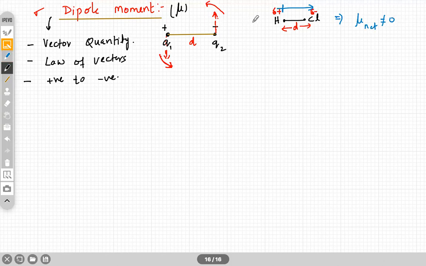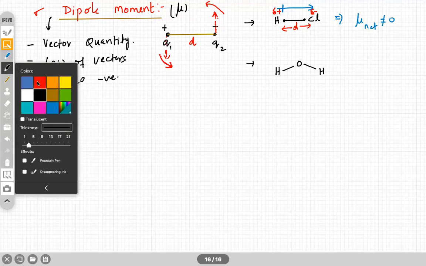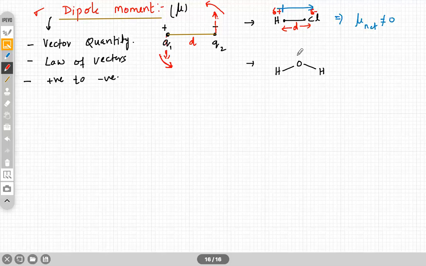Another example, you see. I'll take H2O. Oxygen is more electronegative, so oxygen has a delta negative charge. The hydrogens have a delta positive charge.